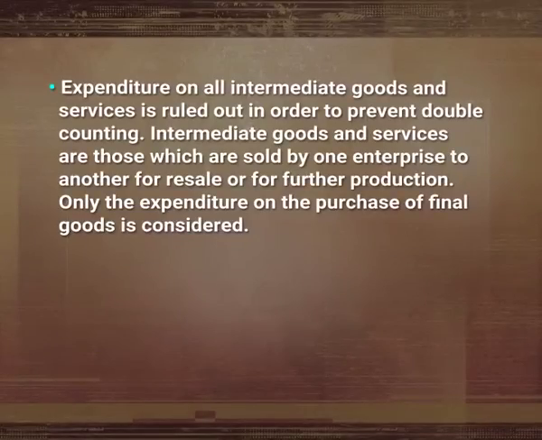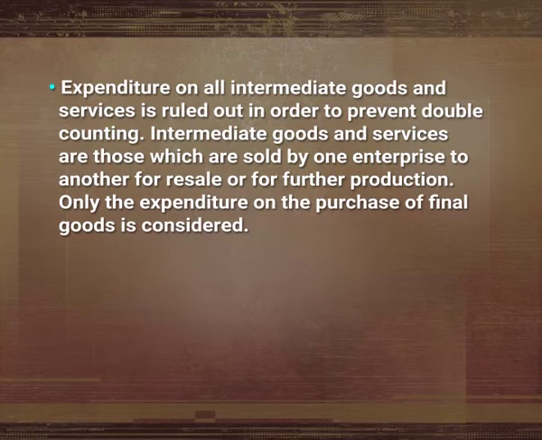It is important to take the following precautions to measure national income by the expenditure method. Expenditure on all intermediate goods and services is ruled out in order to prevent double counting. Intermediate goods and services are those which are sold by one enterprise to another for resale or for further production.